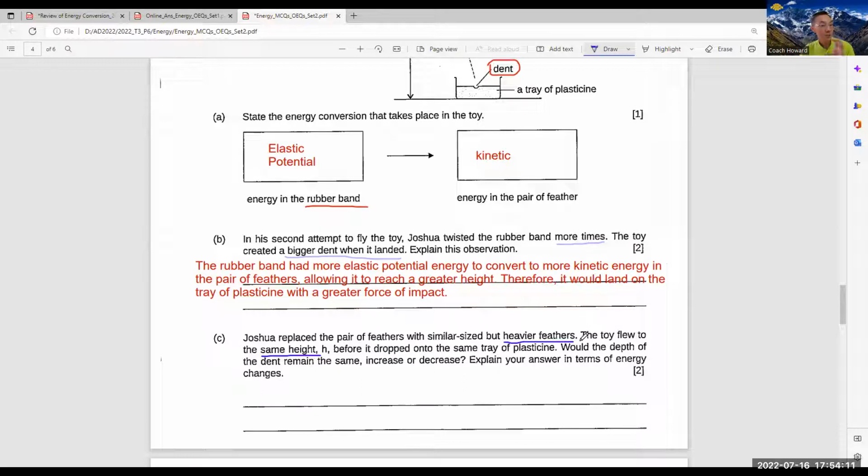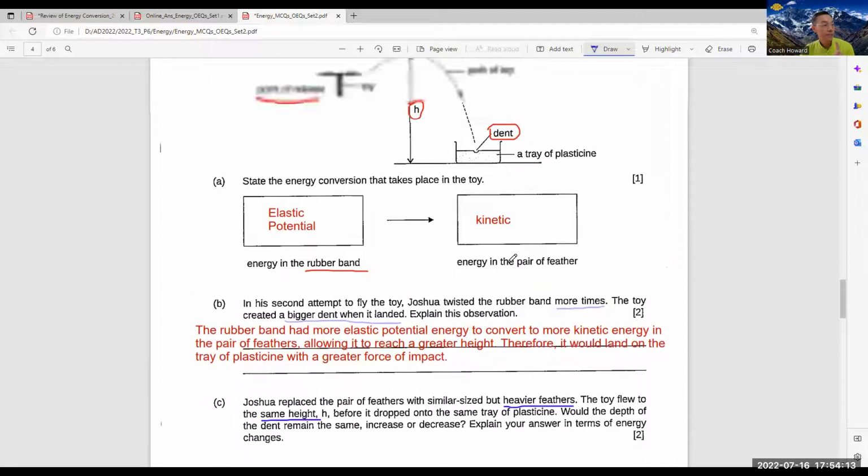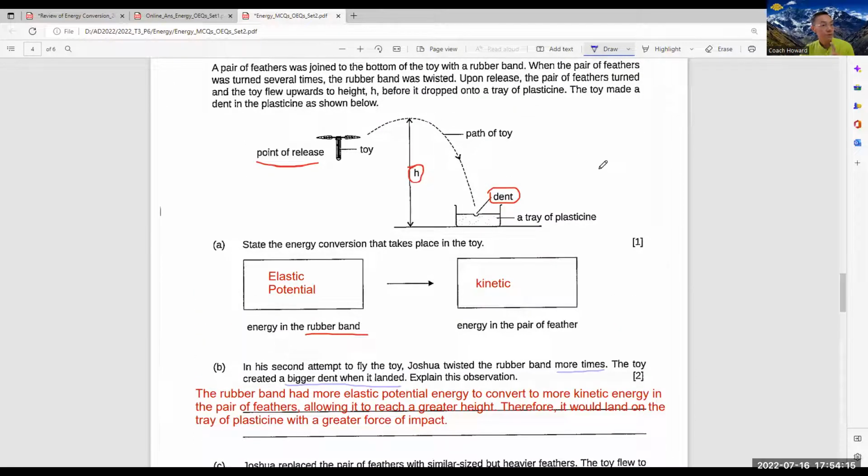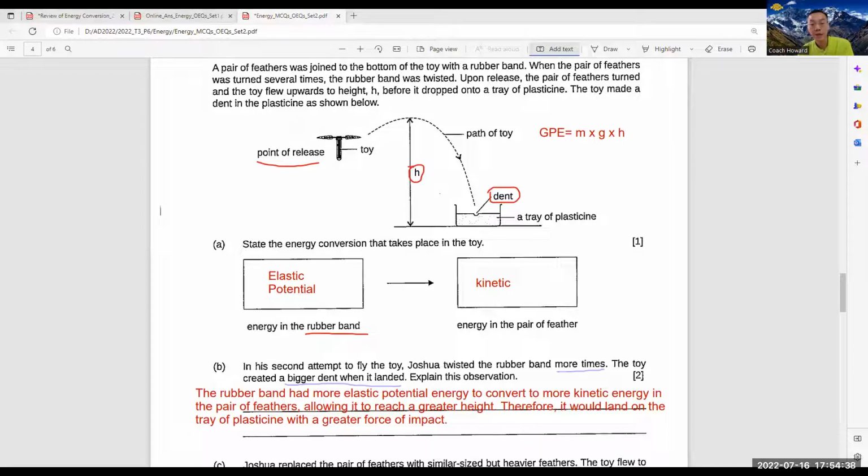Now it uses heavier feathers, but they fly to the same height. Remember I told you the GPE formula is mass times gravity times height. So if it is heavier, it will have more GPE. More GPE will convert to more KE. So the dent will be deeper.